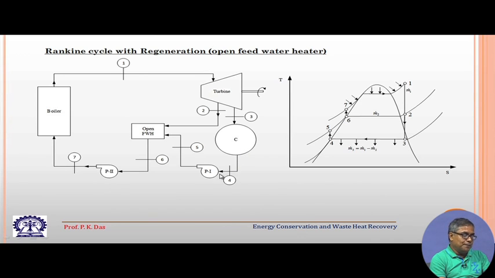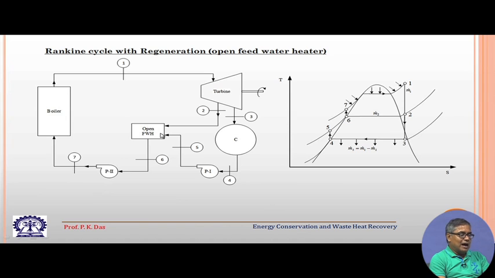Ideally, we will think that saturated liquid is coming out of the condenser, and after that it will go to a feed pump. The feed pump is not feeding it to the boiler directly, but to an open feed water heater. So, you see the feed water will be heated in between before it reaches the boiler. The feed water coming out of the condenser will be taken into a heater, and in that heater the bleed steam which we have taken out of the turbine will also be fed, and there will be direct contact between the feed water and the steam.